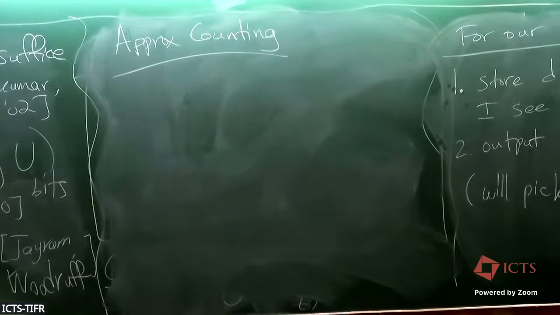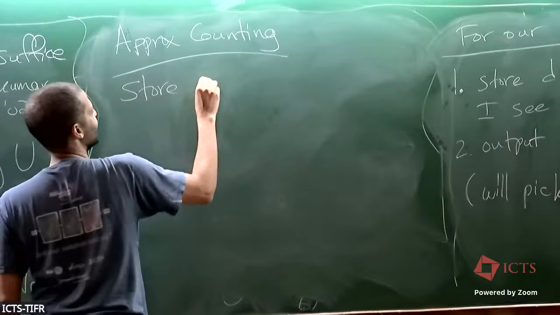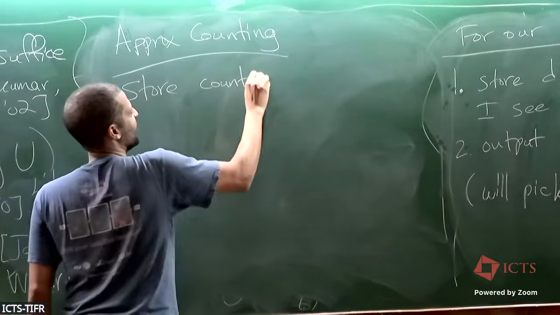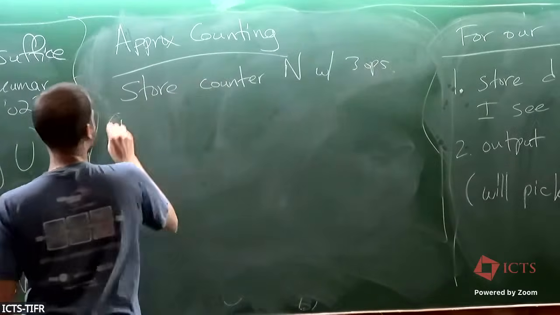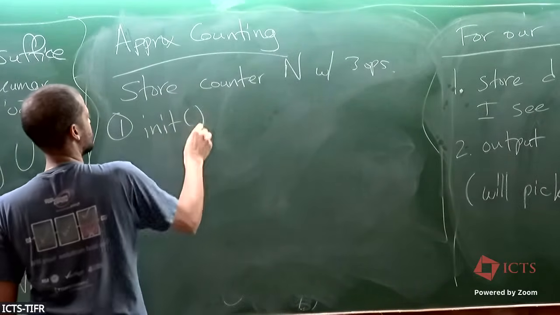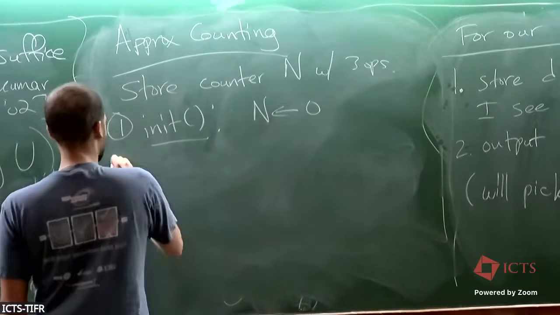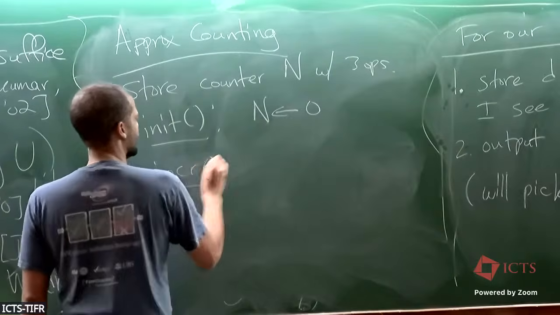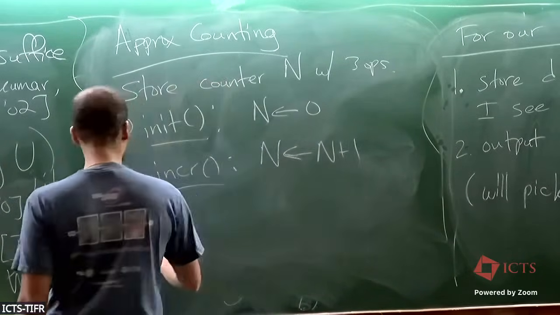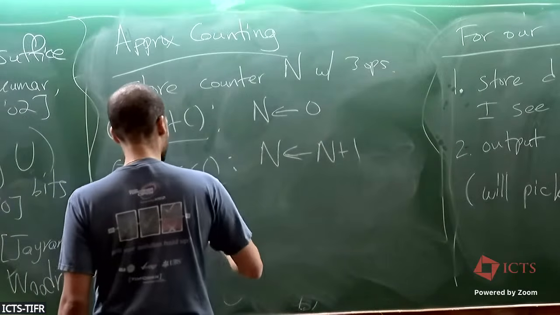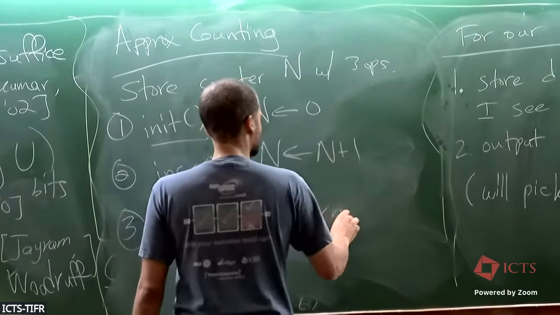So again, store a counter with 3 operations. One is init, which should set n to 0. Two is increment, which increments n. And three is query, which returns n.